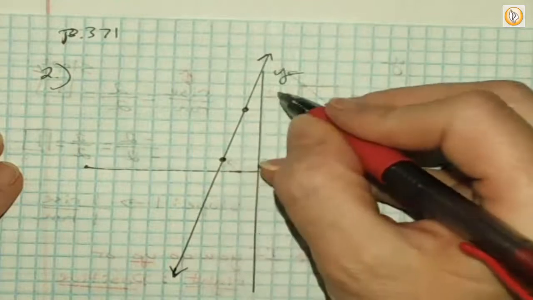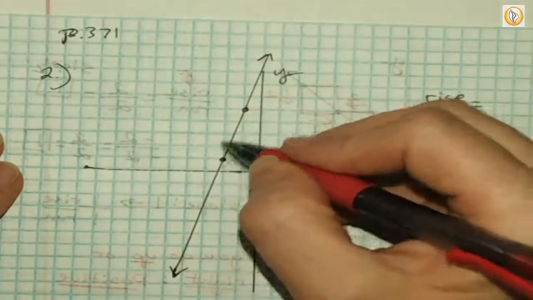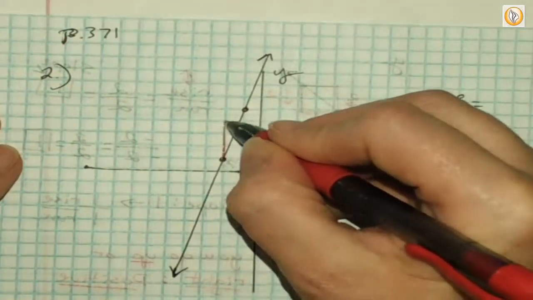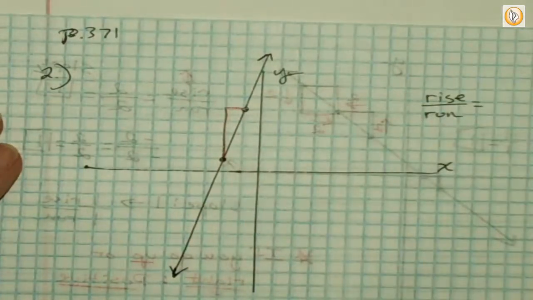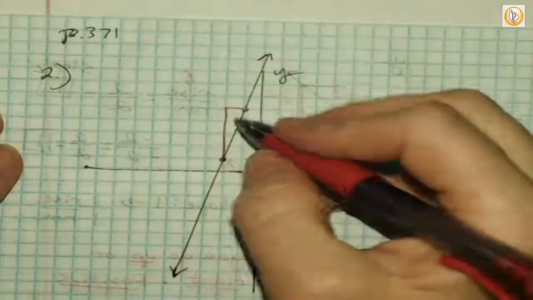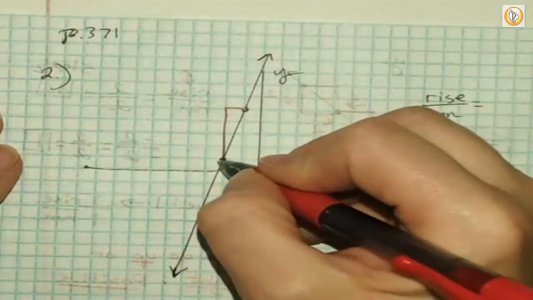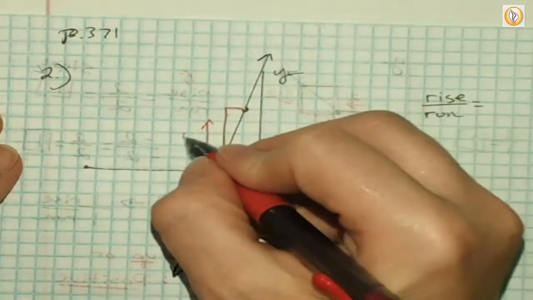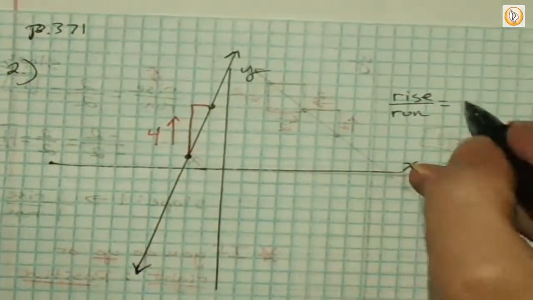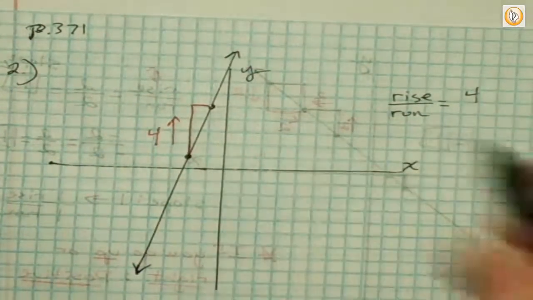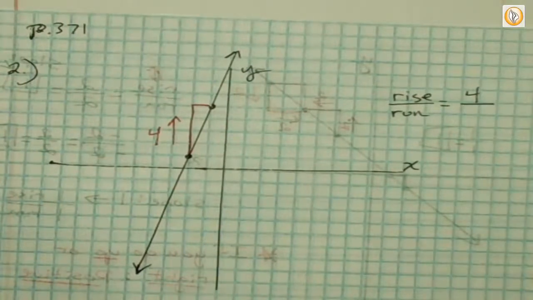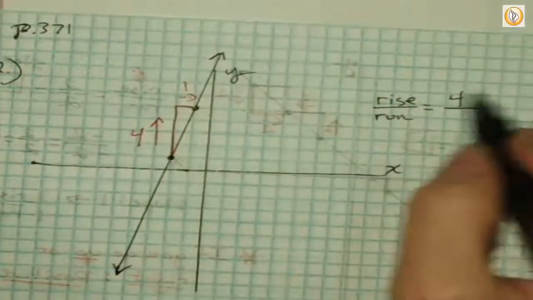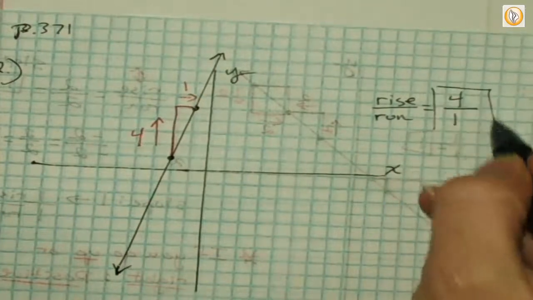You have to be able to look at your lines in your book and find where they cross the intersection. And this particular one, number 2, crosses there, and there. So I'm drawing my little line, my little map. So, Emily, how many places do you go up? 4. So what's your rise? And it's positive because you're going up. And Emily, what is your run? Very good. And it's positive because we went right. So that is your slope.